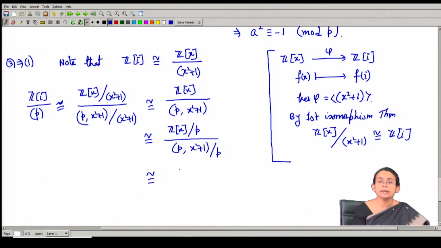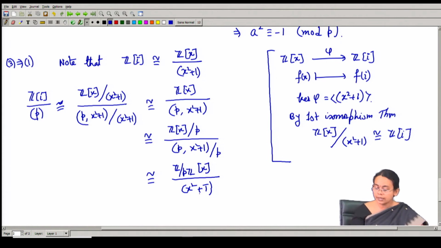So, this again I can rewrite as (Z quotient pZ)[x] quotient (x square plus 1 bar). So, this 1 bar is nothing but the image of 1 in Z quotient pZ.